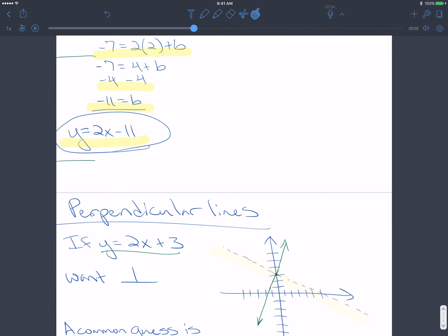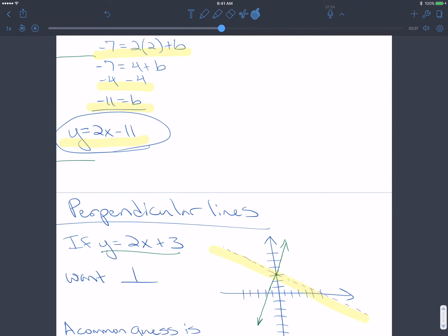If you were to rotate this graph to put the green line for y equals 2x plus 3 as though it were flat with respect to you, and then draw a line straight up and down, that's what you're aiming for. The dashed line here is an approximation of what that perpendicular line looks like, just based on the sketch.